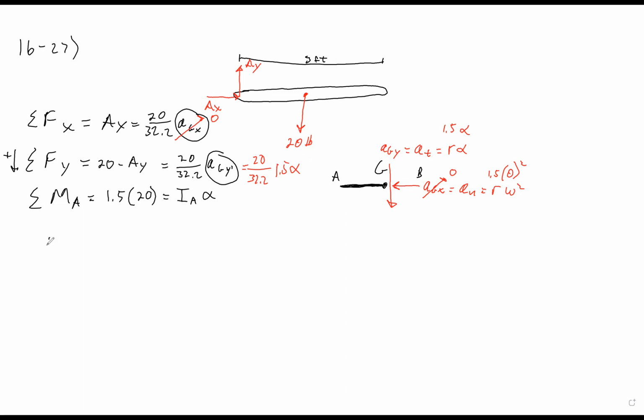We can actually calculate what this rotational inertia about A is. Now, if we look at page 620 of the textbook, we'll see that there is a chart. And that chart is showing us a bunch of three-dimensional objects, and they have labels. So the first object in the chart is called slender rod.